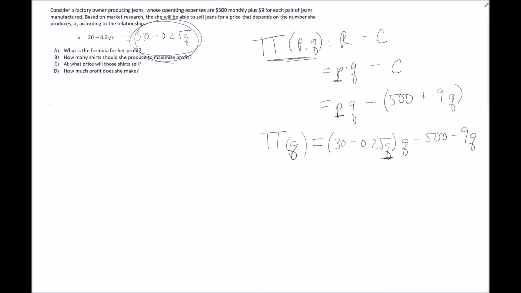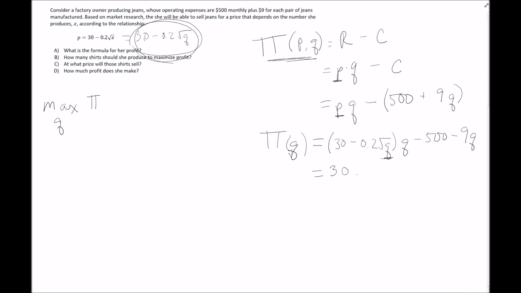So the producer's problem becomes, how do I maximize this pi function by my choice of quantity? Okay, it's probably worth doing a little bit of additional manipulation over on the right-hand side of the formula before taking the derivative. So I'm going to multiply this out.